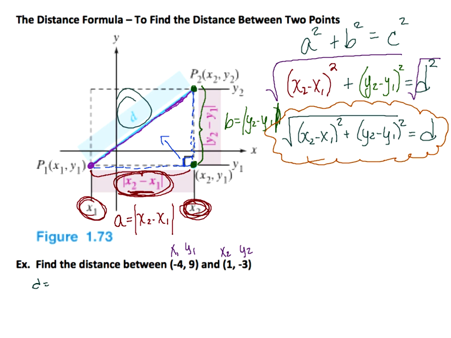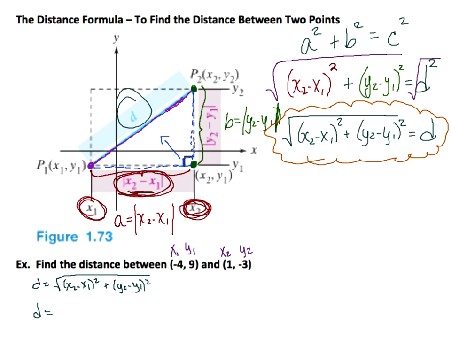So distance equals the square root. Anytime you use a formula, it is a grand idea to write it down. That way you don't have to spend a ton of time before your exam trying to memorize it. So x2 minus x1 squared plus y2 minus y1 squared.